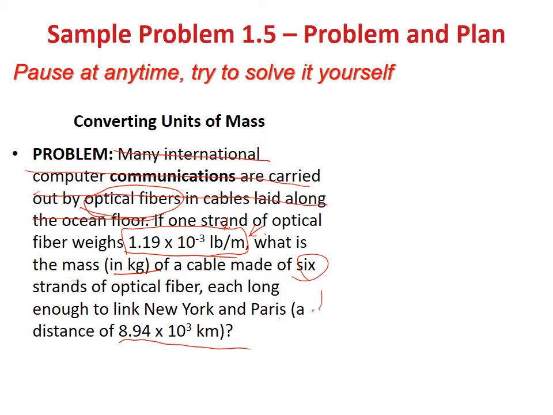We have 6 strands, each of them has a length of 8.94 times 10 to the third power kilometer. We also know the relationship between length and weight, in meter and pound. The question is, what is the total mass in kilogram? So the given length is in kilometer. The relation is meter to pound.